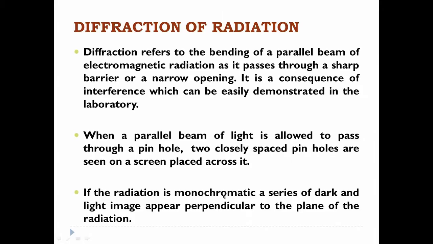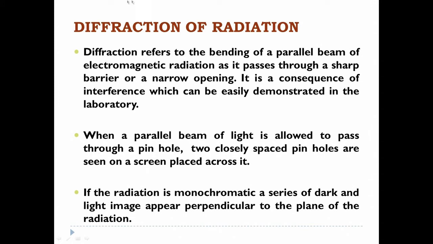There could be constructive interference or destructive interference. Whenever there is constructive interference, high school physics, I am teaching you, you will see a string of bright spots and dark spots like that. But if there is destructive interference, you will not see any bright spot at all, you will see only the dark spot. So, if the radiation is monochromatic, again what is monochromatic radiation?